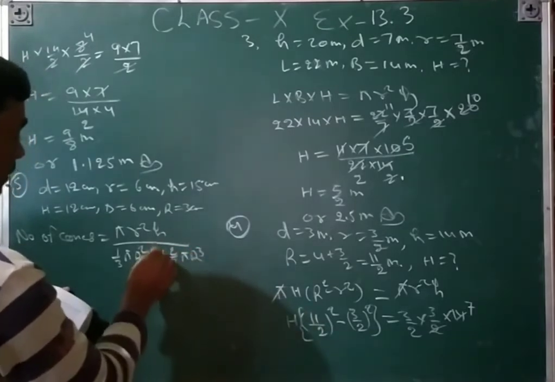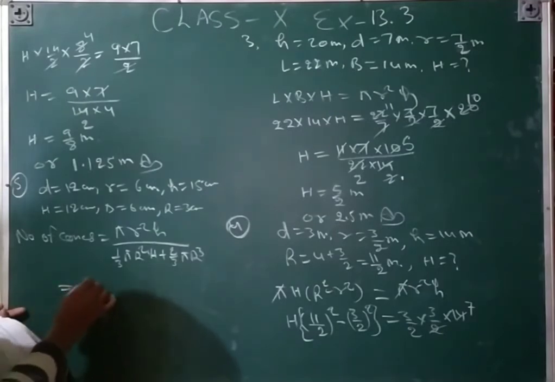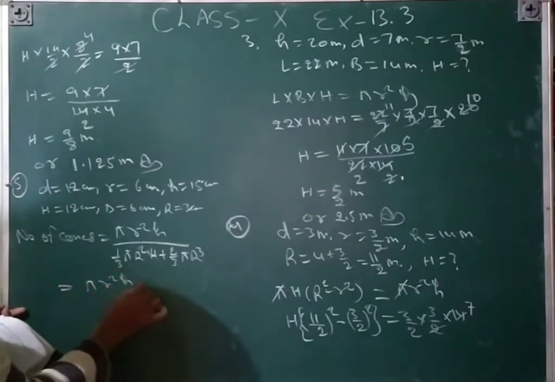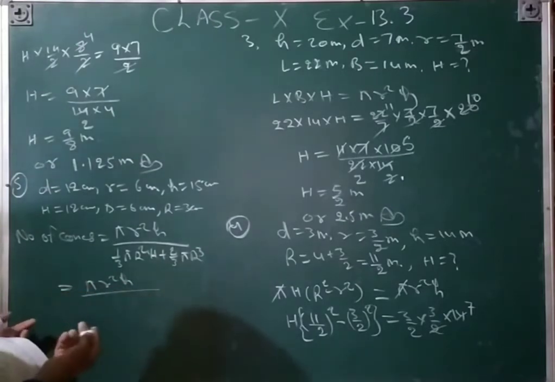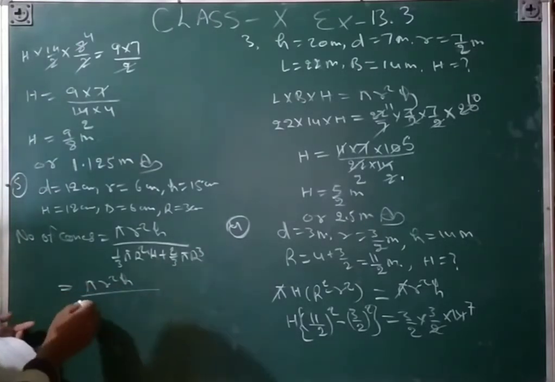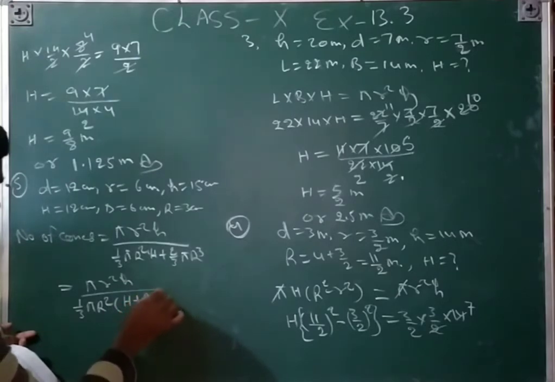This is the capital H. And then pi r square h upon, we take the common, 1 upon 3 pi r square is common, so that will be left h plus 2r.